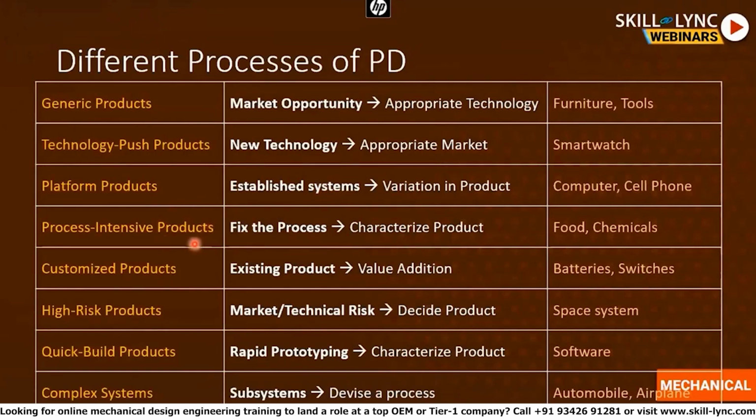And the fourth category of product is the process intensive product. These are very specific to the food industry, food products mainly. Food products you cannot produce today and sell for the next month. Usually the food products which have no preservatives should be sold best by 2 or 3 days.